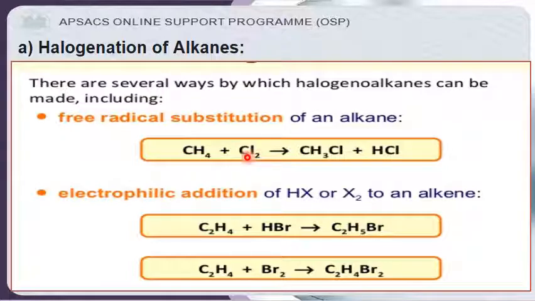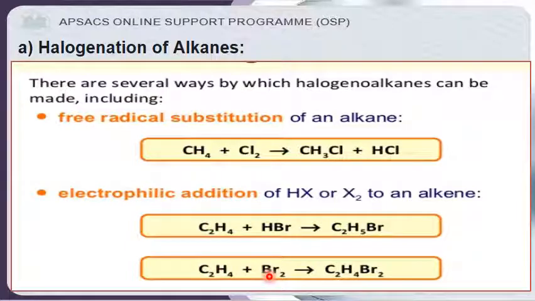When a free radical reaction takes place, all the hydrogens can be replaced by the halogen. But in this first step, one hydrogen is replaced by the chlorine atom, so methyl chloride, that is alkyl halide, is formed, and the second product is HCl.